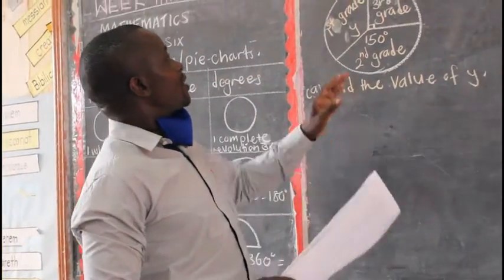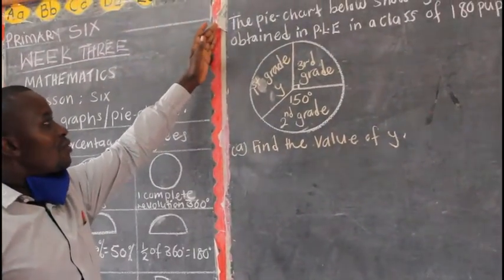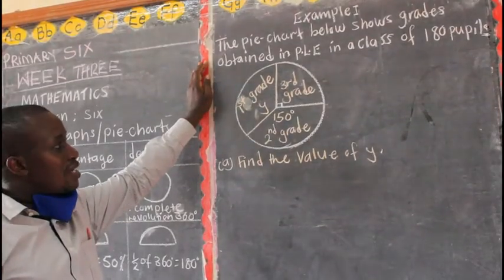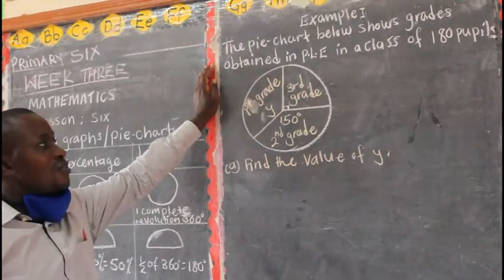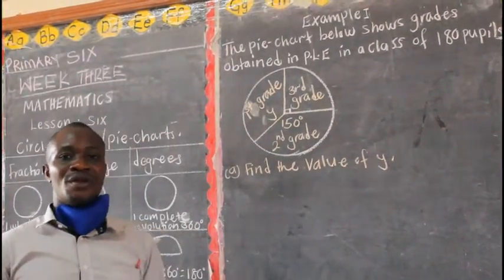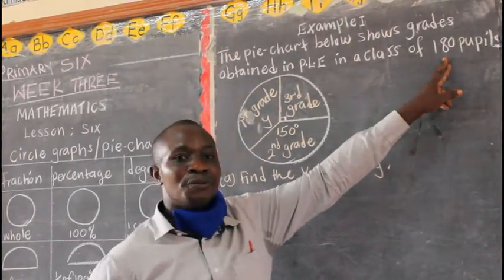The pie chart below shows the grades obtained in PLA in a class of 180 pupils. So this pie chart is showing the performance of a certain class which had 180 pupils.